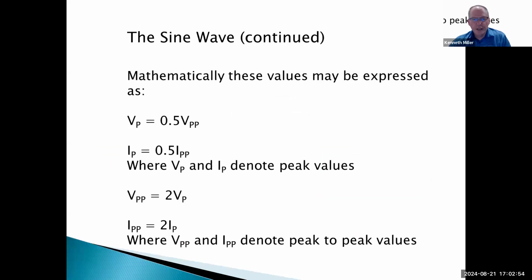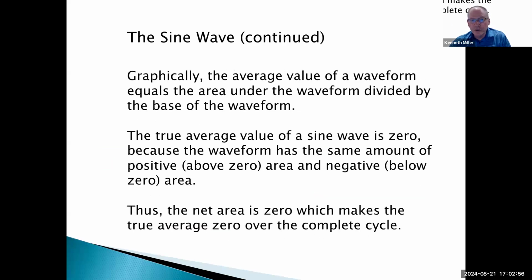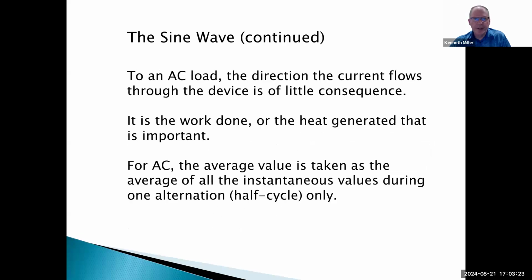So the true average value of a sine wave is 0, because the waveform has the same amount of positive area above 0 and negative area below 0. Thus, the net area is 0, which makes the true average 0 over the complete cycle. So graphically, that's how you would describe the average value being 0.